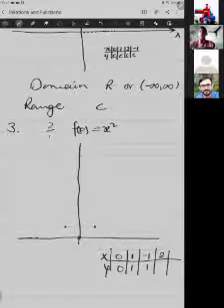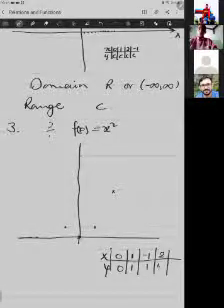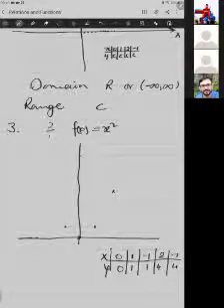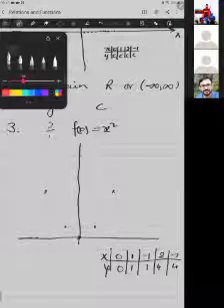So y will be 2 square, that is 4. Minus 2, then also it will be 4. So this much only we are going to join. We will be able to get the graph of the function.